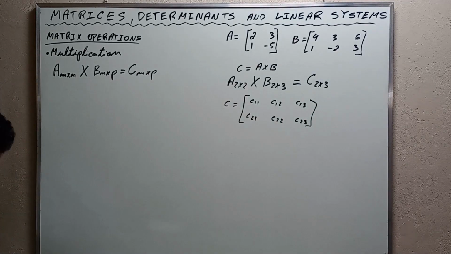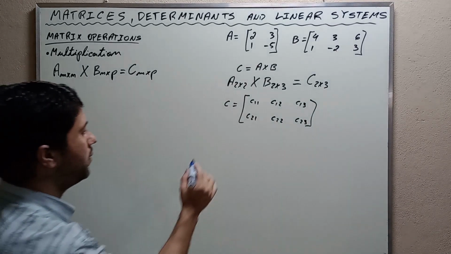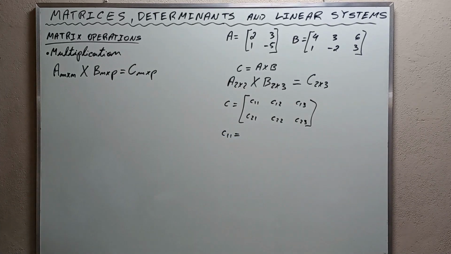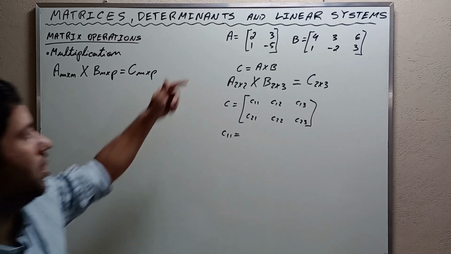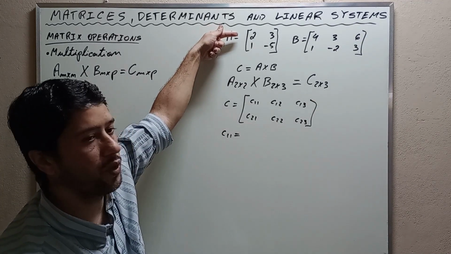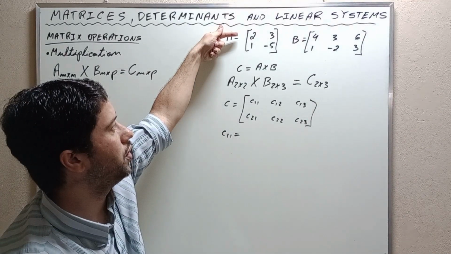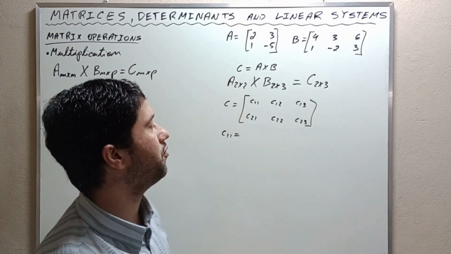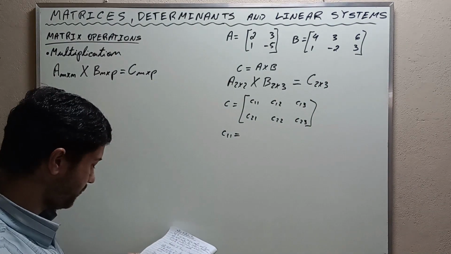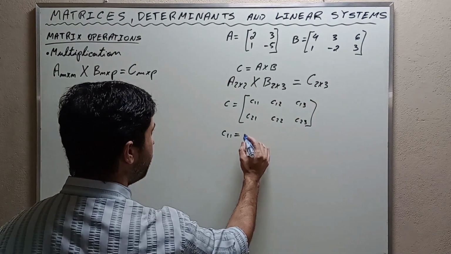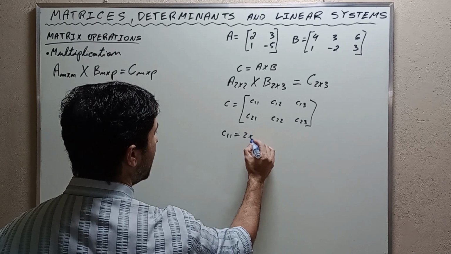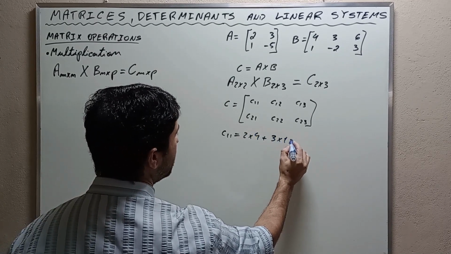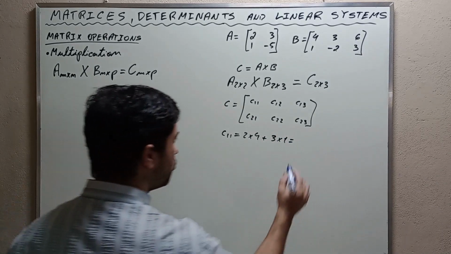Let's calculate then. C11 is going to be obtained from the multiplication of the first row of matrix A with the first column of matrix B. Therefore, C11 will be 2 times 4 plus 3 times 1, and this is equal to 11.